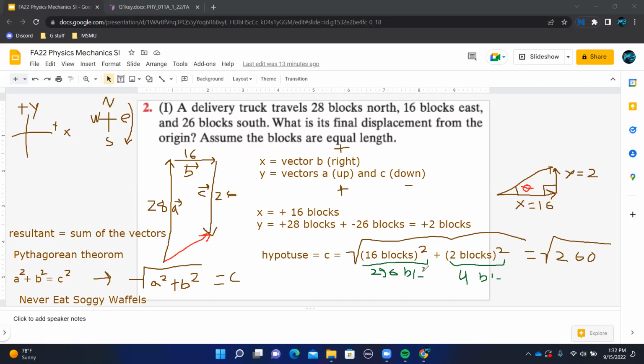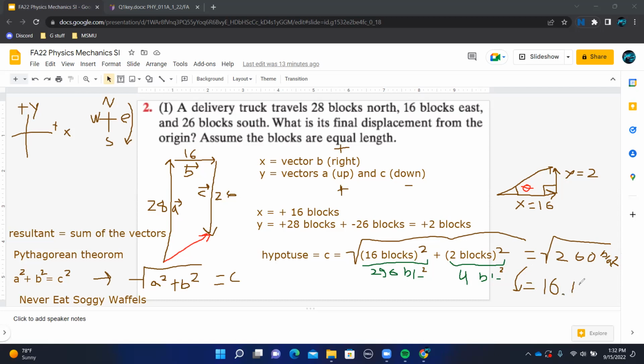Right, this is gonna be blocks squared because you squared it. Which will become 16.12.